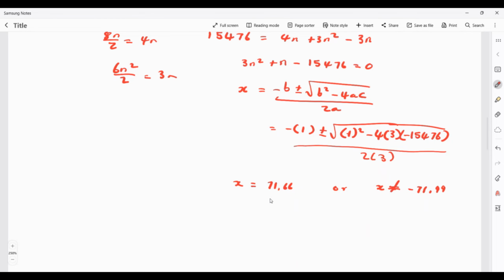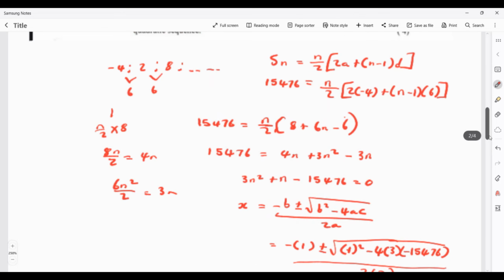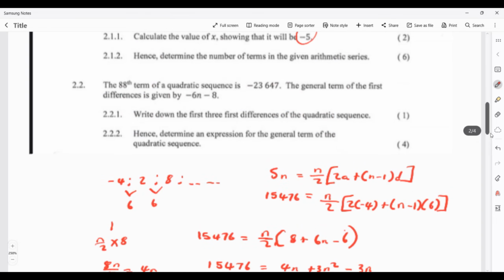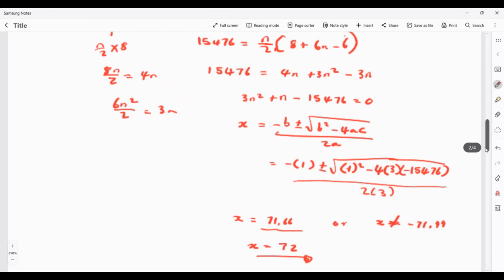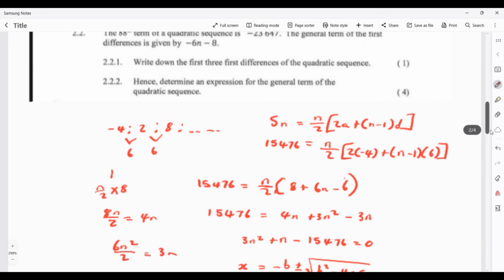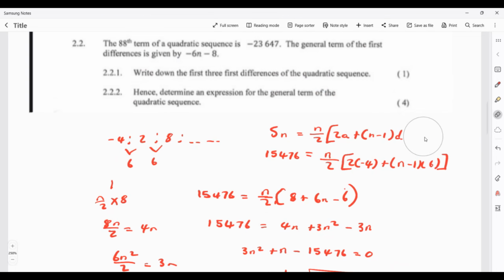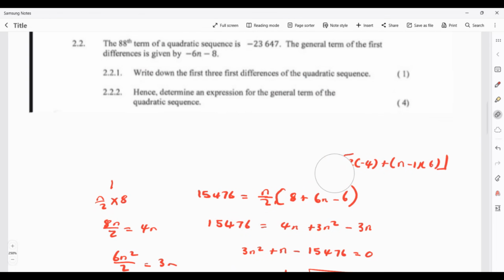And then this one, this is the value that we're taking. x is equal to, you can round it to the whole number, maybe 72, like that. So that is what we have over there. We have to reject the negative one because the number of terms can never be negative.